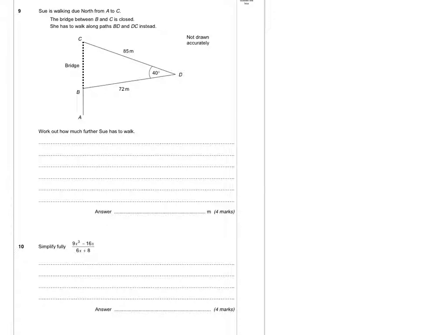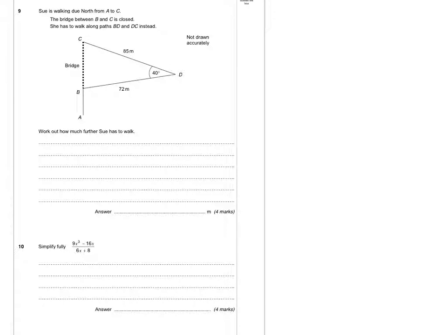Question 9. Sue is walking due north from A to C. The bridge between B and C is closed. She has to walk along the paths BD and DC instead. Work out how much farther Sue has to walk. So it's going to be a cosine rule to work out the length of the bridge.